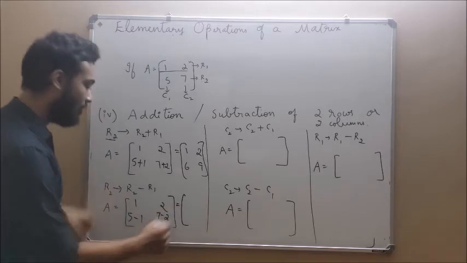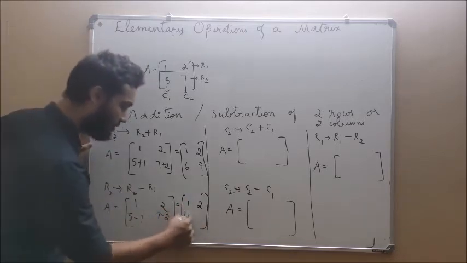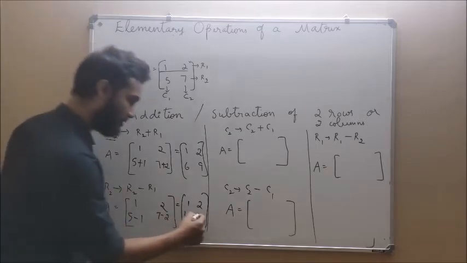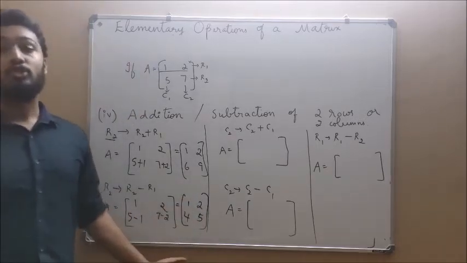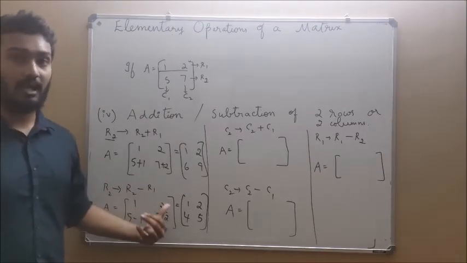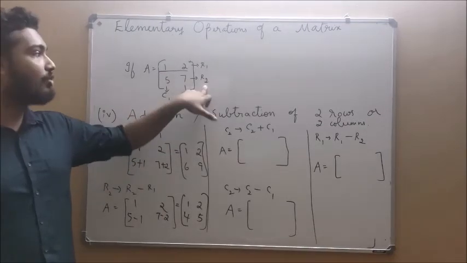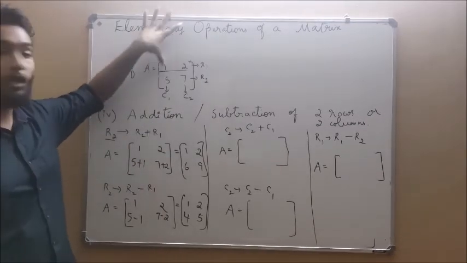So this is 1, 2; 5 minus 1 is 4; 7 minus 2 is 5. So take note here, if we are subtracting R2 minus R1, we are subtracting the corresponding row elements.